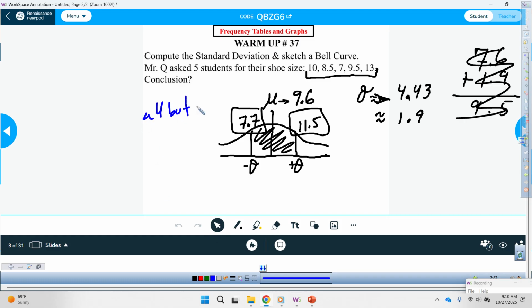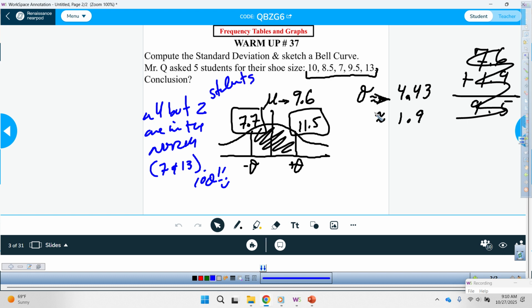All but 2 are in the norm. Which 2? 7 and 13. Thank you. All but 2 students. Let's just make it a little bit more formal. All right, send that in, please.